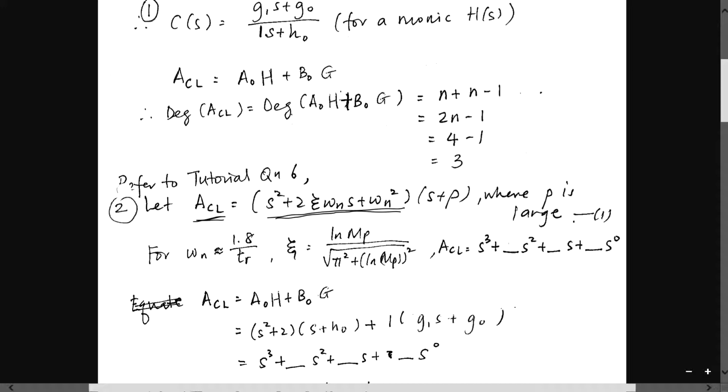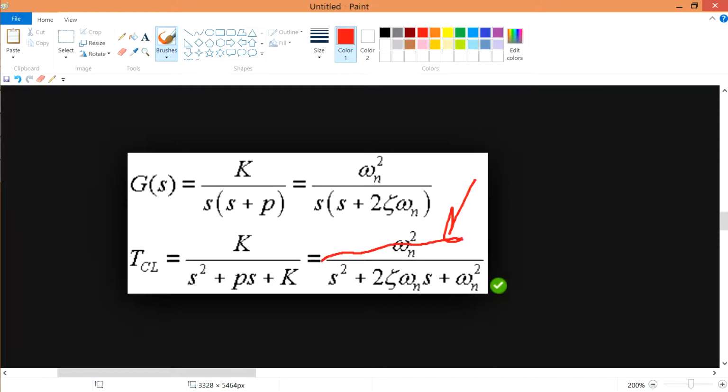Just take note, this is the general equation for your second order transfer function. It's a general formula for your second order response.